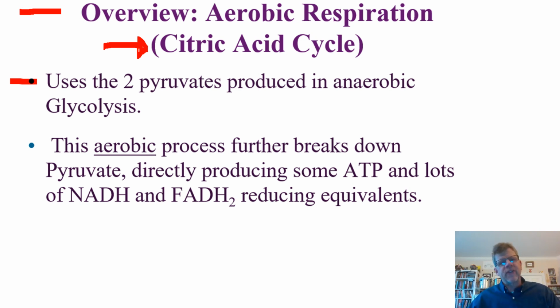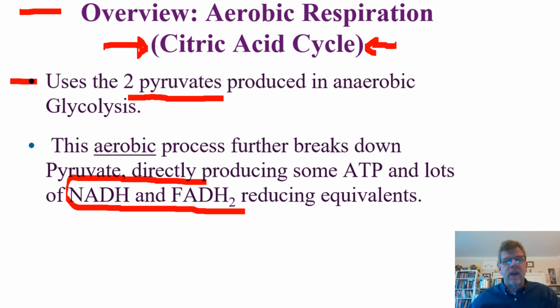So this process, as we saw in a general sense, takes these 3-carbon pyruvates and we break them down into carbon dioxide. In this process, which is the citric acid cycle, we produce some ATP directly, but the real gold mine is a lot of production of these reducing equivalents.